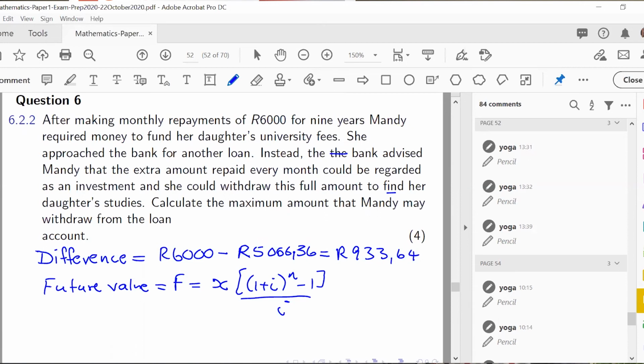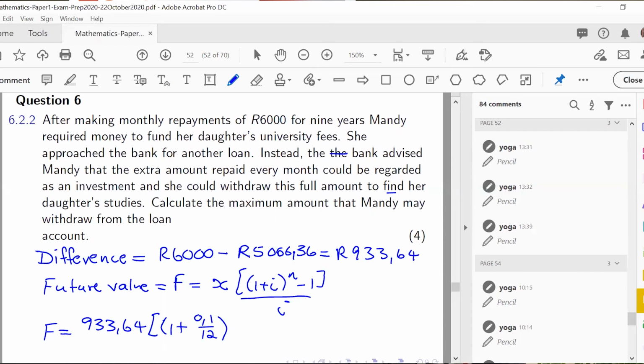Substituting the values, 933.64 into (1 plus 0.1 over 12), and this will be for a period of 9 years.